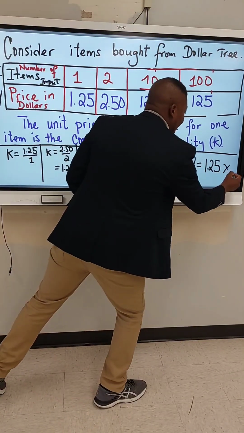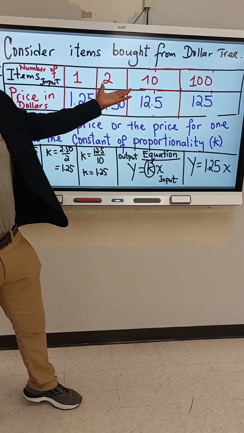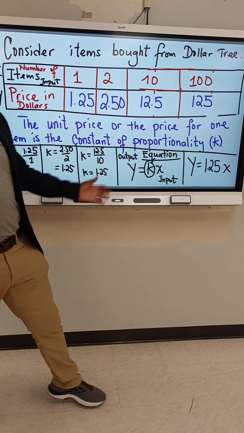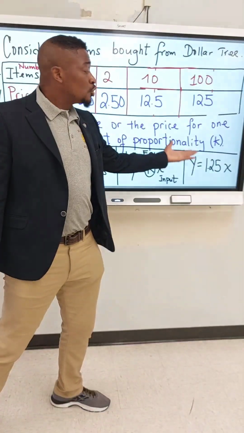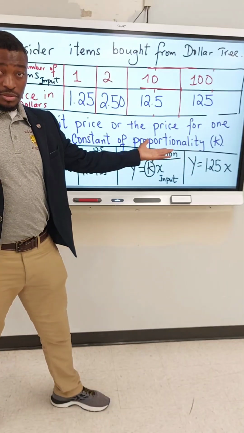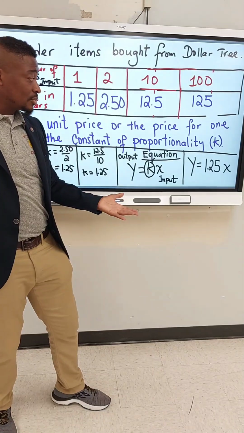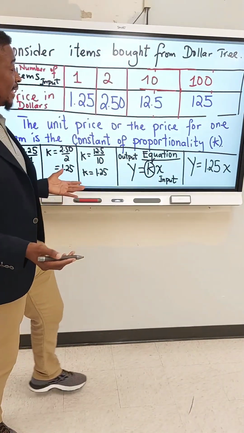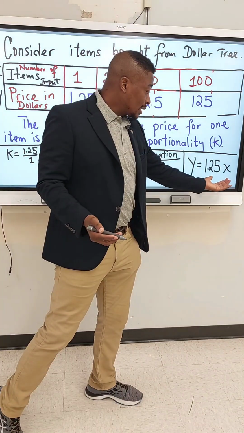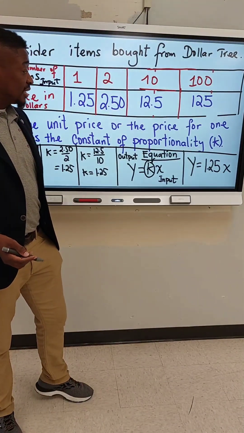And so this is the equation that models the Dollar Tree function. And we can use this equation to find the cost for any number of items. For example, if we want to estimate the cost for 1,000 items, all we need to do is multiply $1.25 times 1,000. That will be $1,250.